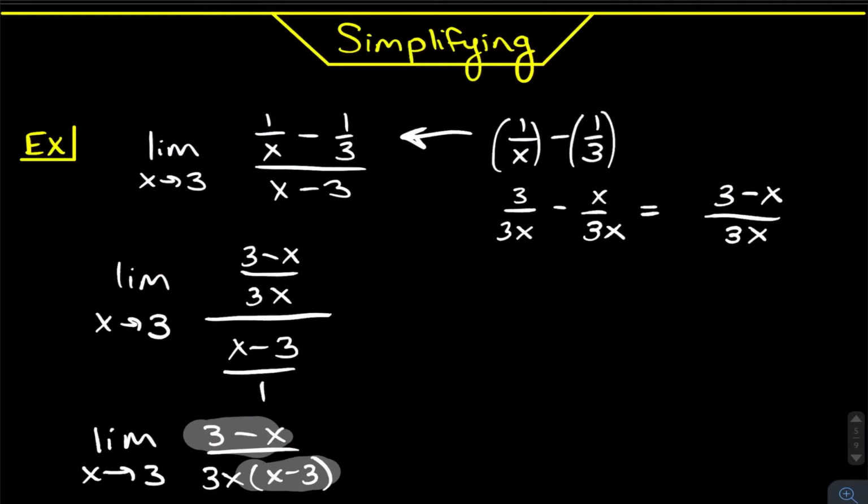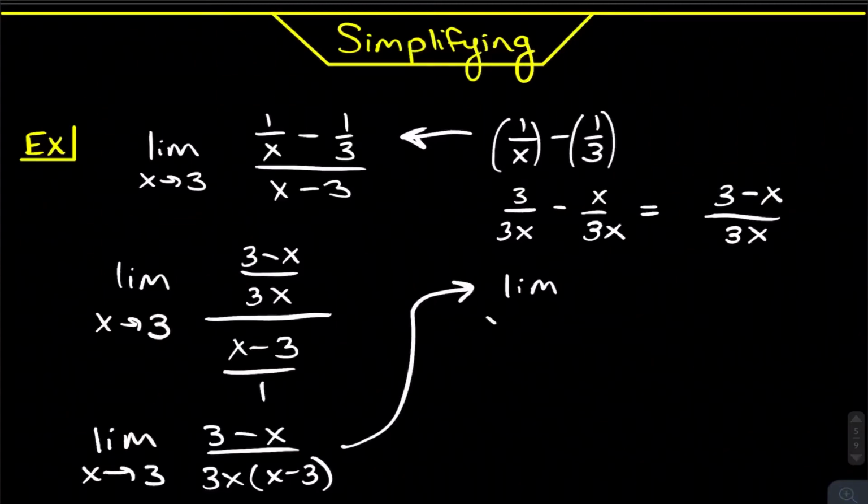These are opposites of each other, so the 3 is positive here, but it's negative here, and the same thing for the x. It's negative here, positive here. So what we can do is factor out a negative out of the numerator and rewrite this as the limit as x approaches 3 of negative (x minus 3) over (3x times (x minus 3)).